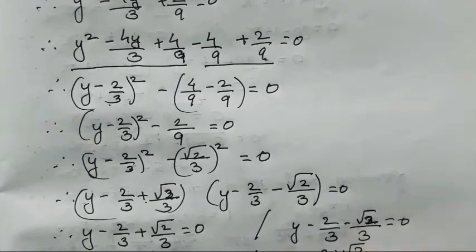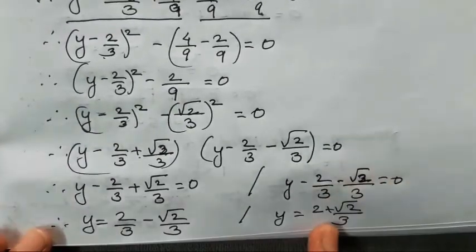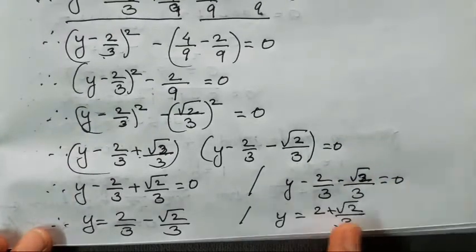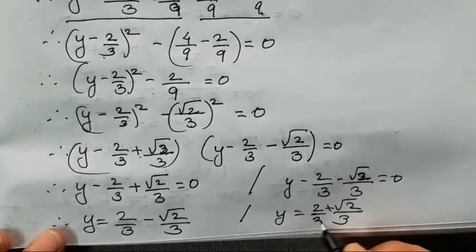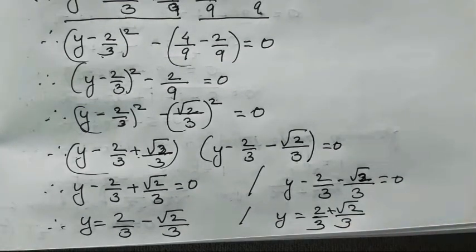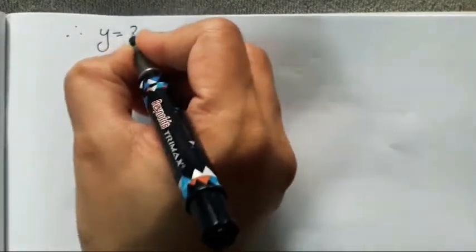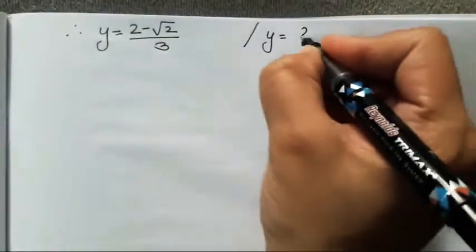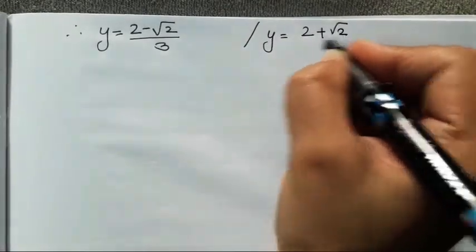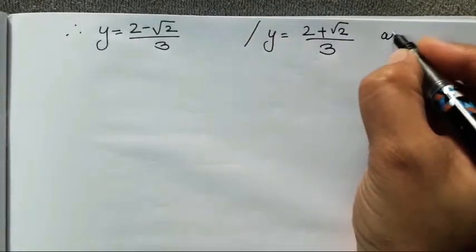Because the denominator is same, you all can write it once only. I have written it only once, or you can write it over here also and then separately. So in this step I will write it separately and show you. This will be in this way because the denominator is same. So these are the two roots.